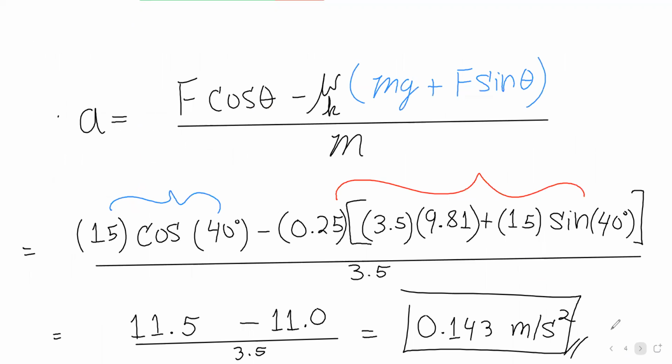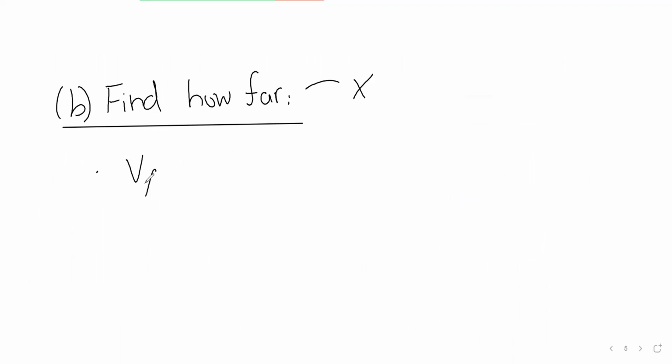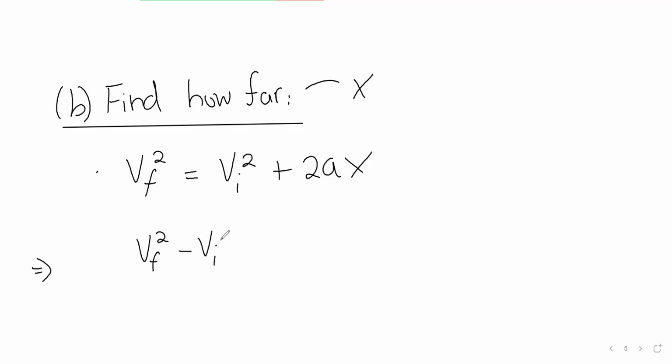So finally, I'll use V final squared equals V initial squared plus 2ax. Subtract both sides by initial velocity squared. And that would equal 2ax. So we divide both sides by 2a. I guess I'll just write the rest here. They provided V final. They said it was 1.05.